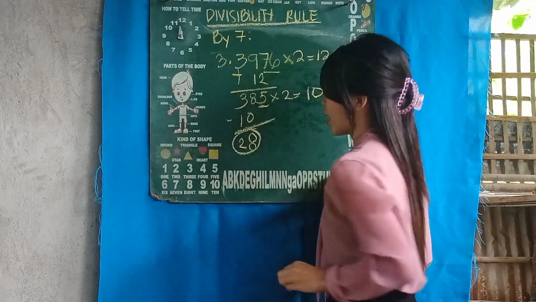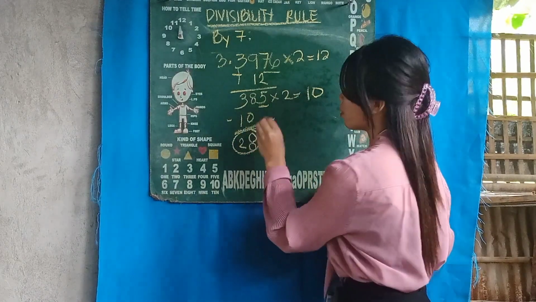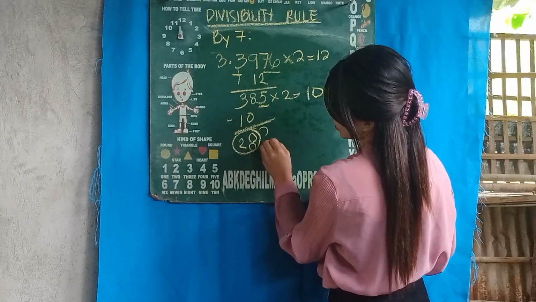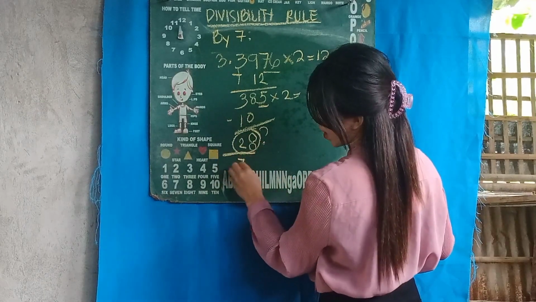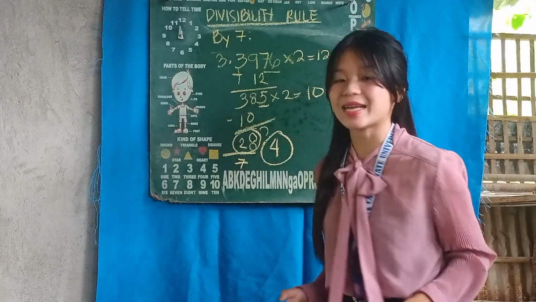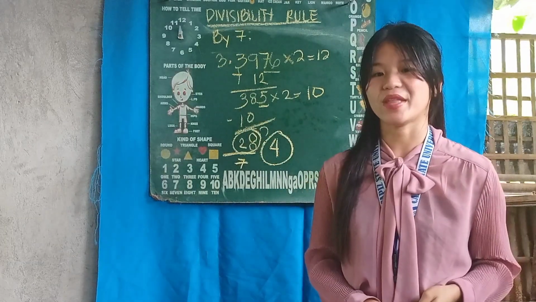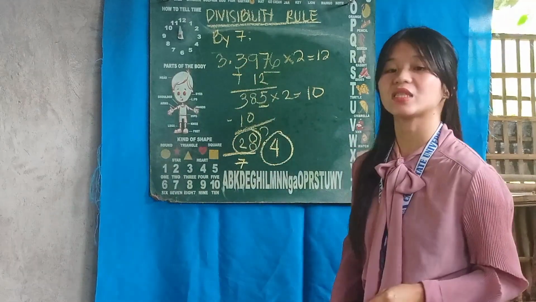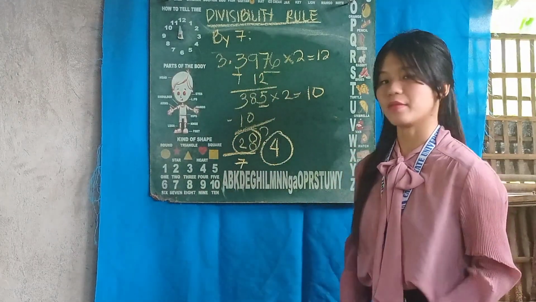The answer is 28. 28 is divisible by 7. Yes, of course. Because 28 divided by 7 is equals to 4. That doesn't have any remainder. So, 3,976 is divisible by 7.